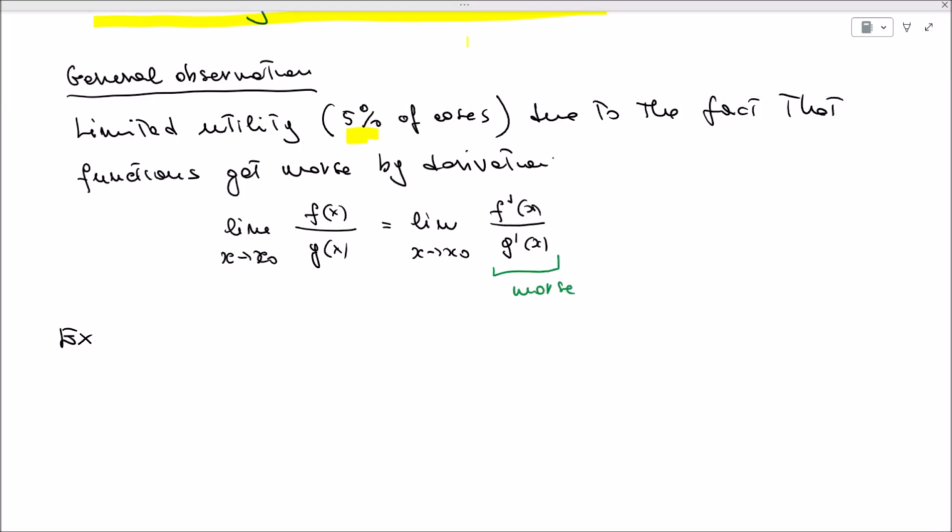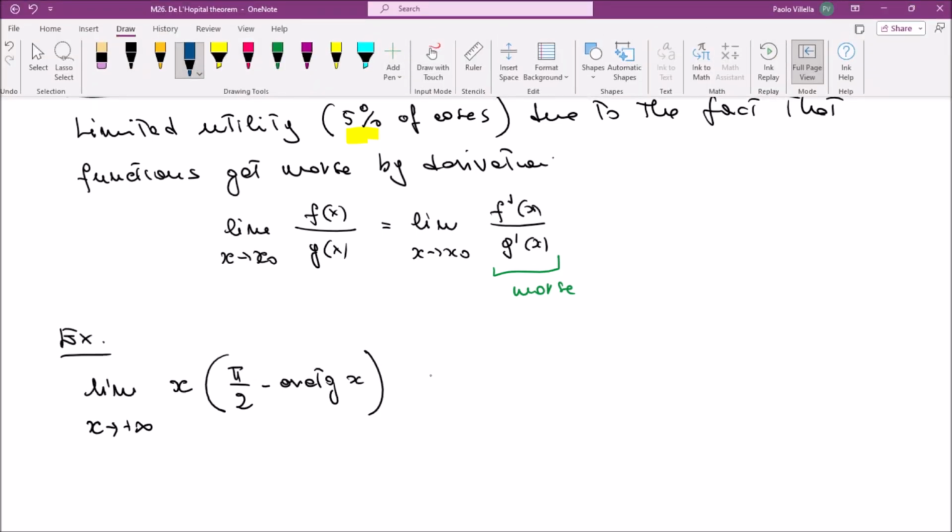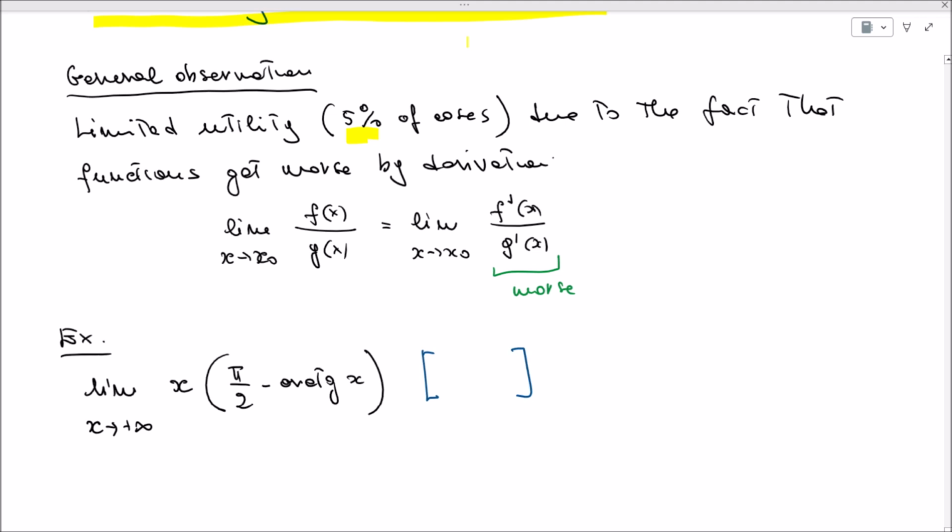Example. Let's consider the limit as x goes to plus infinity of x times pi over 2 minus the arc tangent of x. Now, this limit is of the form infinity times what? Well, we have pi over 2 minus arc tangent of plus infinity, so this is 0.